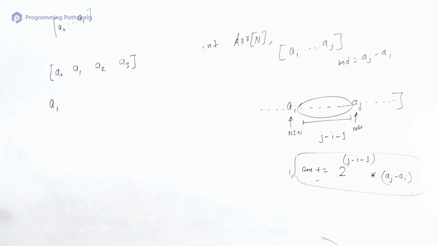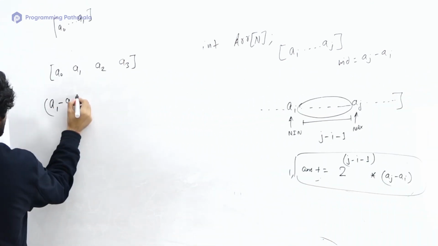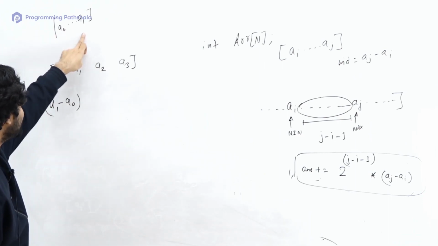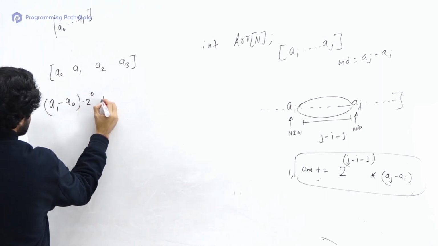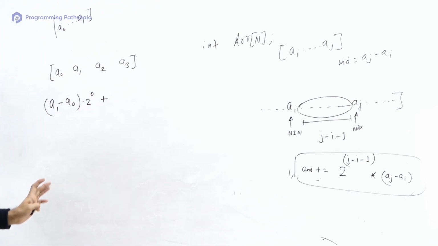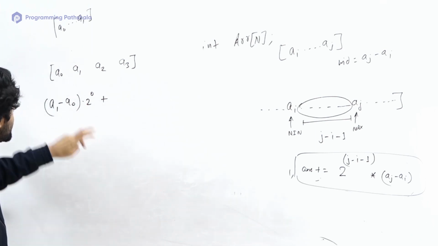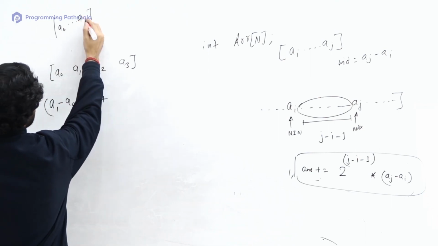So the number of subsequences that have A0 and A1 as their min and max will be 2 raised to power 0, because that is the gap. Correct?